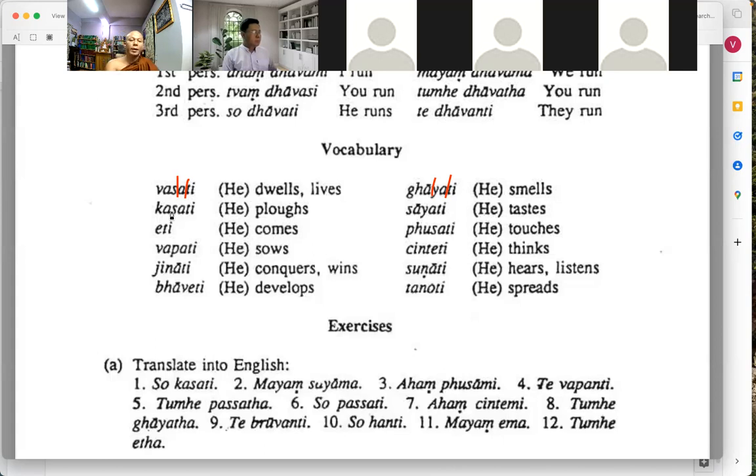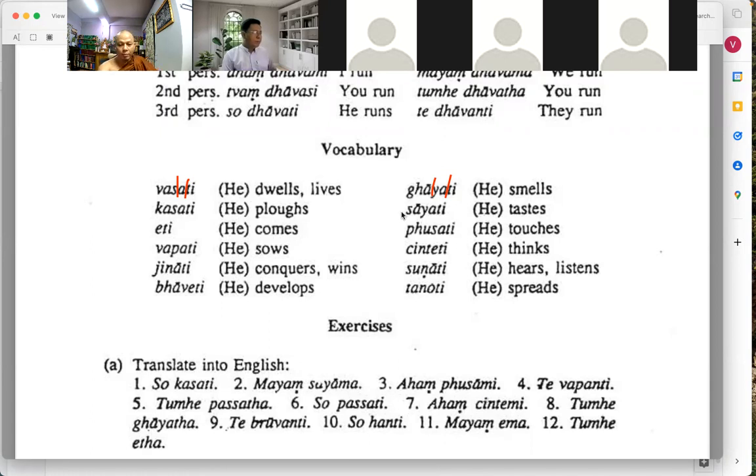In this way, we can guess what kind of root or base it is. So kasati, he plants. Also kasandi, kasasi, kasata, kasami, kasama.